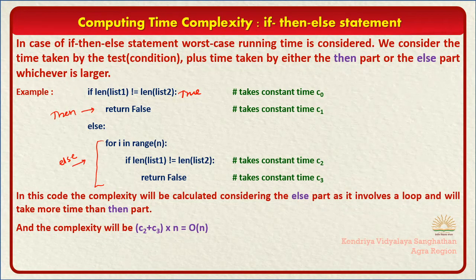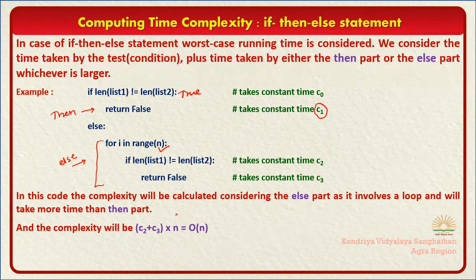In the example shown on the screen, you can see the else part is the bigger part since it contains a loop, while the then part contains only one statement that is taking constant time C1. So the part that is taking more time is the else part here, and this part is taking time equal to n.